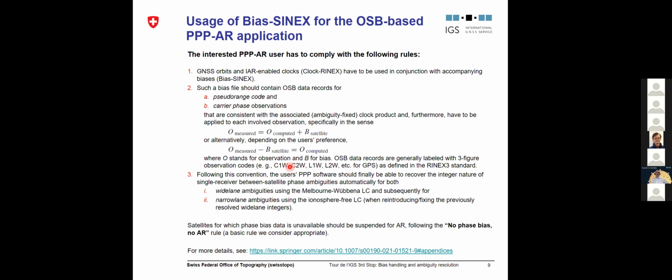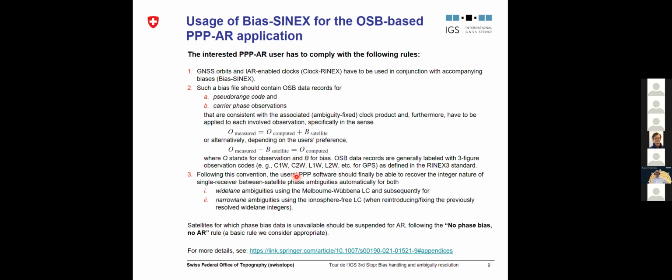combination. And satellites for which phase bias data is unavailable should be suspended for ambiguity resolution, following the no phase bias, no ambiguity resolution rule.